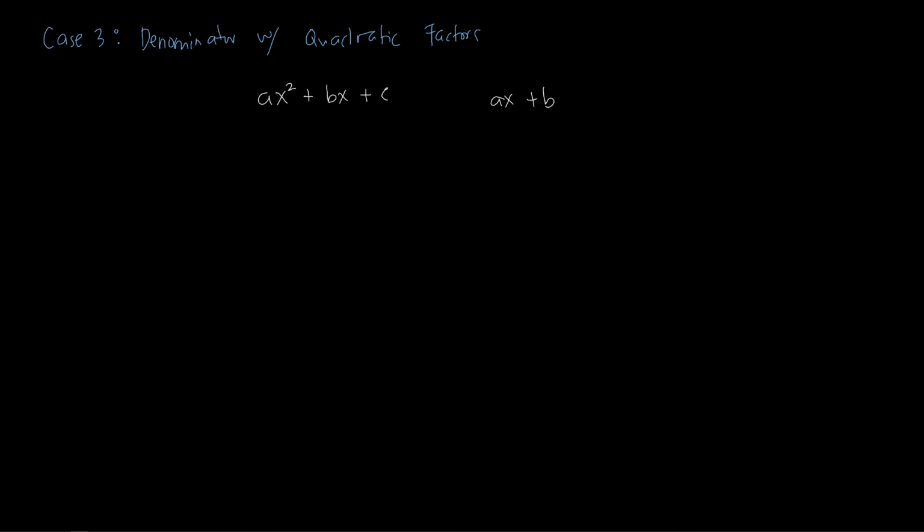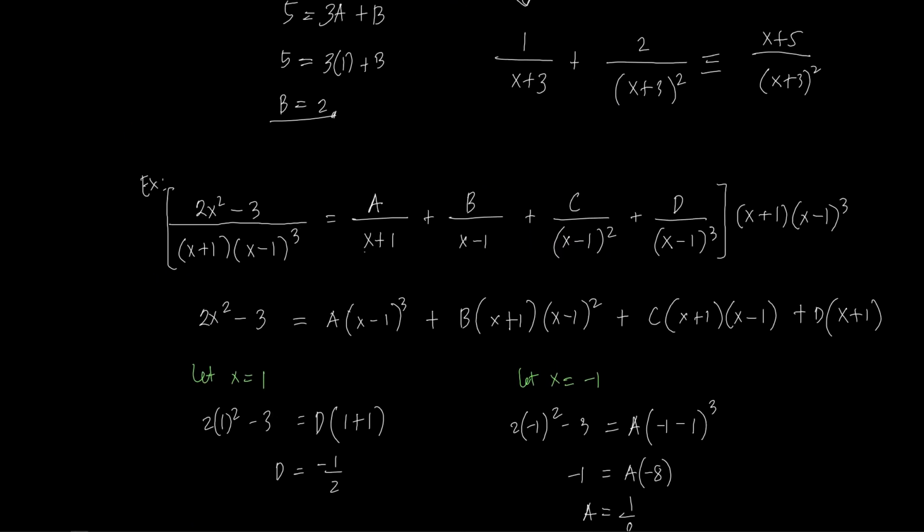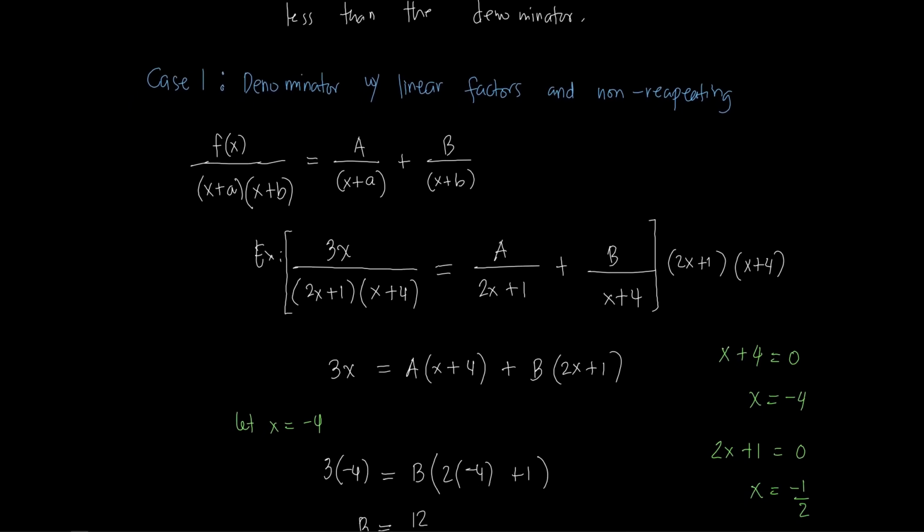So if it is quadratic, our decomposition, if you have this as your denominator, will have a partial factor like this. If you remember the earlier decomposition, if the denominator is linear, the numerator must be of 1 degree less.